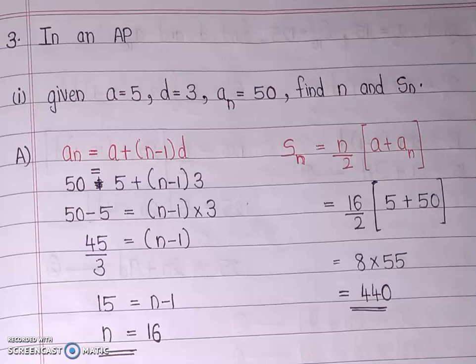That is why here first we chose an equal to a plus n minus 1 into d, because in the given question you have a, d and an as known quantities and n as the unknown quantity. Second one.